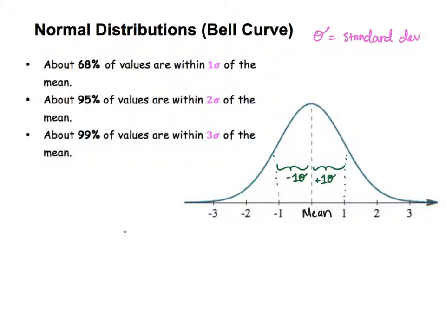Let's say that the standard deviation for this test was 10. So if the mean is 70 and the standard deviation is 10, you would have to add 10. So that tells me within one standard deviation to the right, it's 80. And if I were to go to the left, I would have to subtract 10 from the mean, which gives me 60. So 70 minus 10 gives you 60.